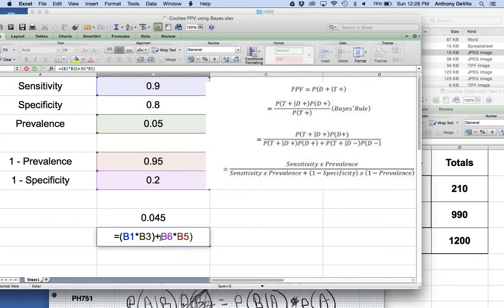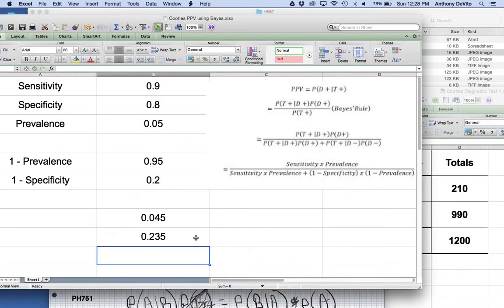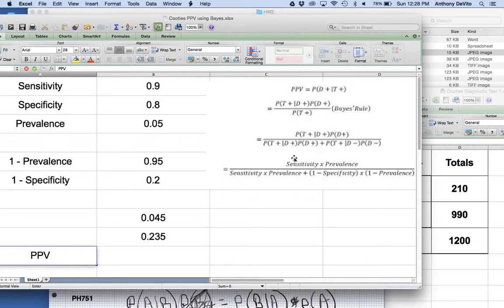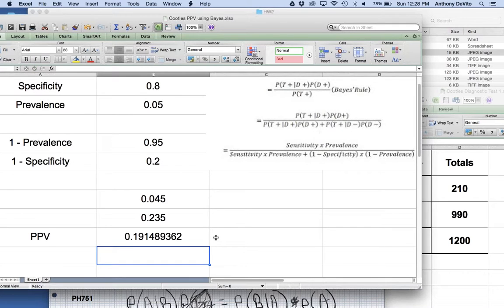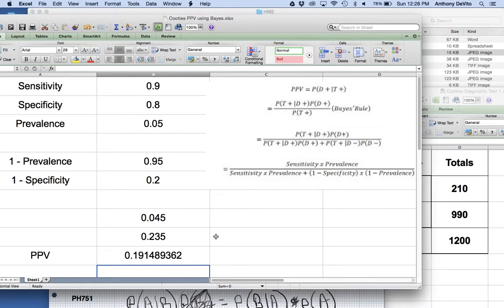I'm going to put that in parentheses so it doesn't combine all that stuff, it works it out individually. I'm going to hit enter, and that's equal to 0.0325. And what is our positive predictive value going to be? It's going to be the numerator divided by the denominator, this divided by this. And it's going to be about 19%.